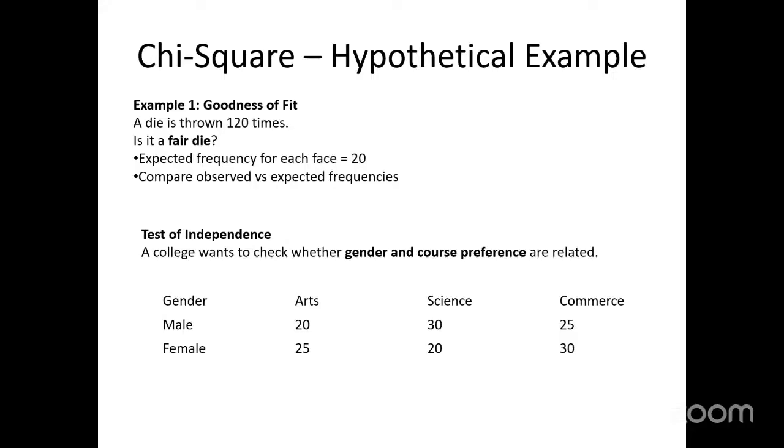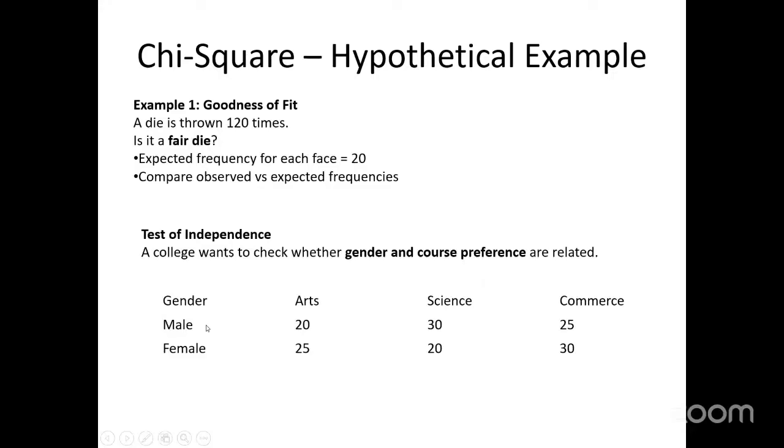Okay. And this is the second part, that is test of independence. It is the most common version. It is used when we have two categorical variables from a single population. It determines if there is a significant association between them or not. Like there is an example of gender and course preference.